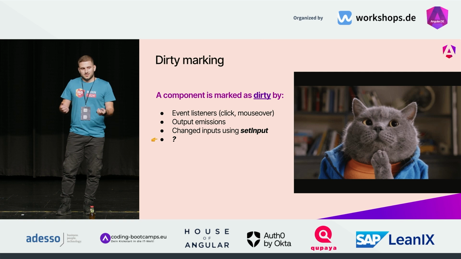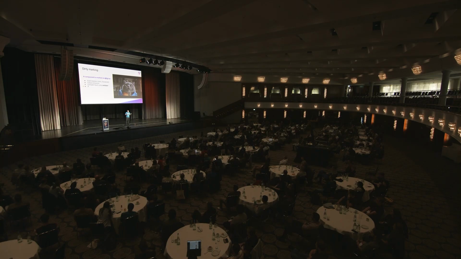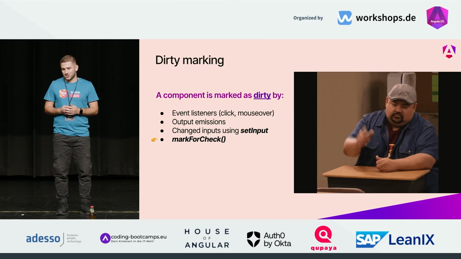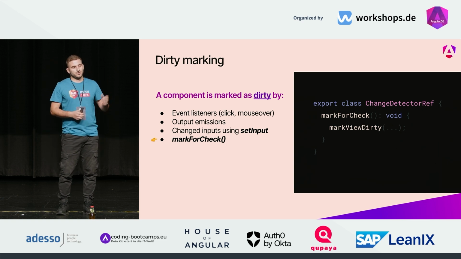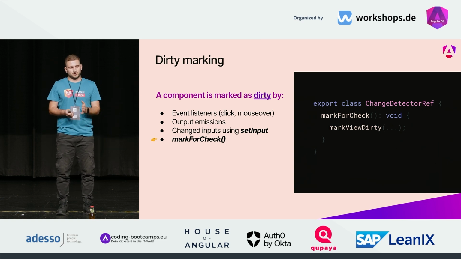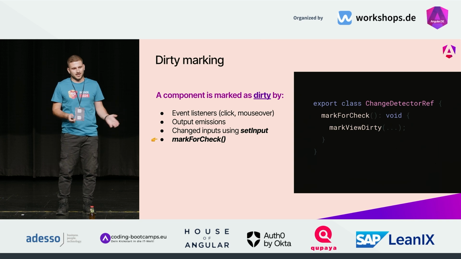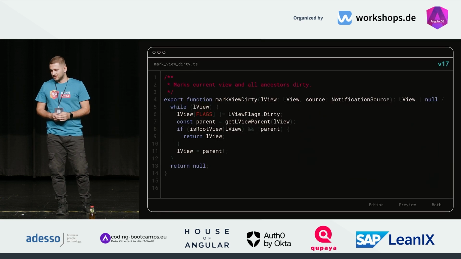But what's the other one? Any ideas? Well, you didn't find it, but it's just markForCheck. MarkForCheck basically calls mark view dirty, same as all these other APIs. So Angular uses the same API under the hood for dirty marking.